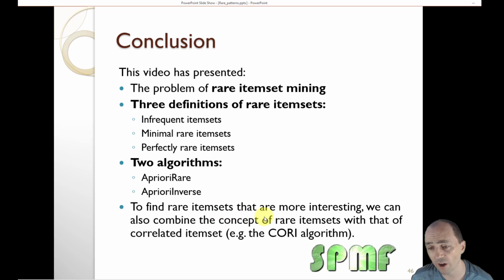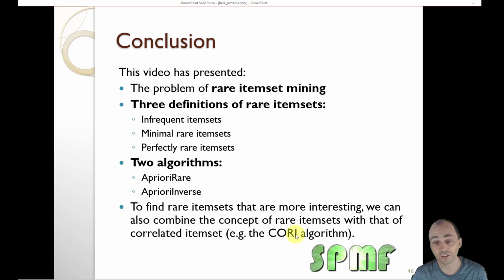There is also, for example, some other very interesting work where they combine the concept of rare item set with that of correlation. For example, one algorithm, if you have time you can have a look, called Cori.